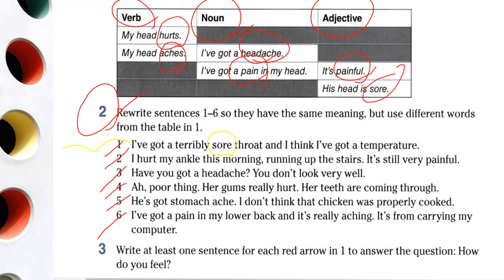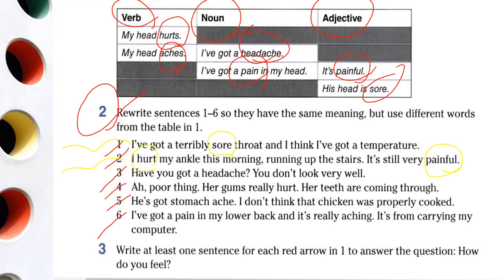Let's move to number 2. I hurt my ankle this morning running up the stairs, it's still very painful. Okay, where are the words in this sentence which express pain? We have here hurt and we have here painful. I hurt my ankle.